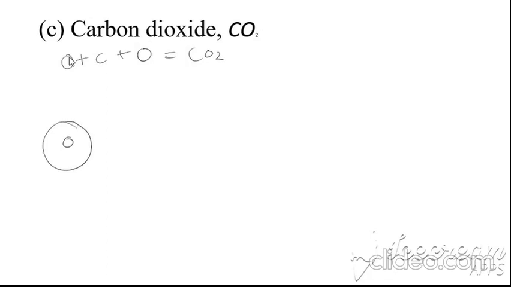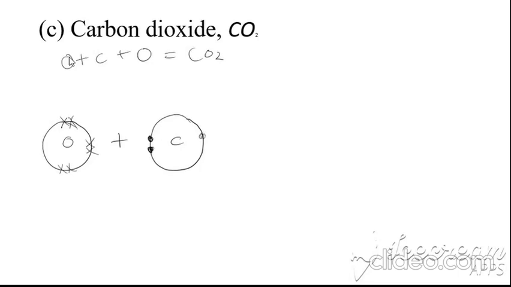The outermost shell for oxygen has how many electrons? It has 6 electrons. And I'm sure by this time you know what's happening. Carbon has 6 as the atomic number. So in the first shell there are 2 electrons, and then in the outermost shell we're going to have 4 electrons, and I'm going to differentiate with these stars.